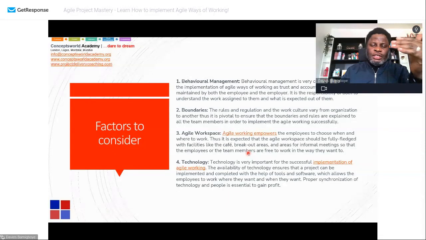The tools and software being developed allow proper synchronization, so you can work better with other people, even though they might be in remote places. So that's another factor to consider. So the behavior, that set of trust, the boundaries, what can be done, what cannot be done, a workspace that allows people to work any way they want, and the technology that essentially makes that happen.